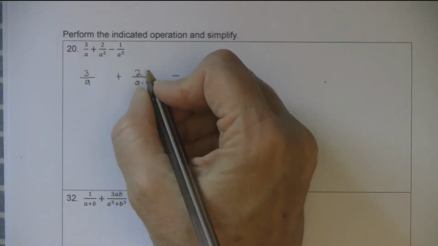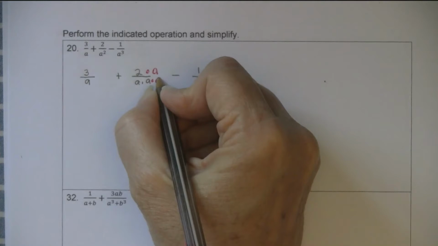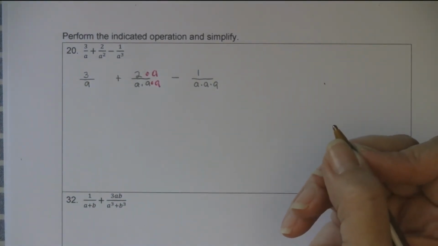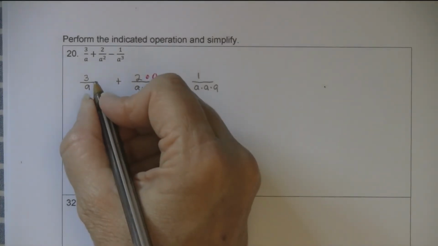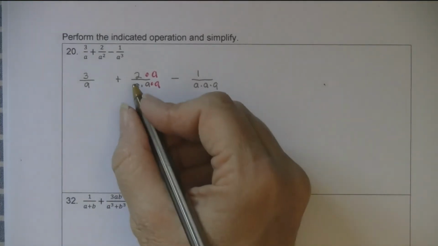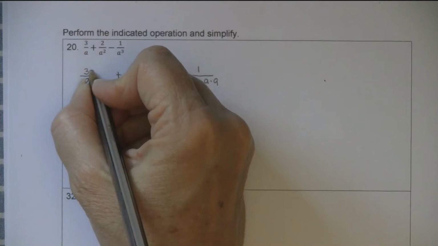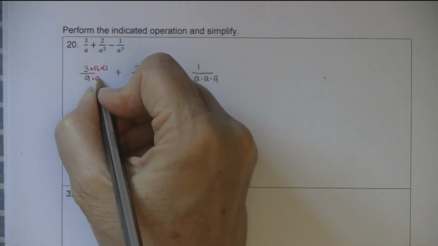So if I multiply here times a, and then times a, that makes them equivalent when you multiply the same thing to the numerator as you do to the denominator. And what would I have to multiply this one by so I get the same? Well, you want 3 a's, you only have 1 a, so you have to multiply it by a times a, and times a times a.